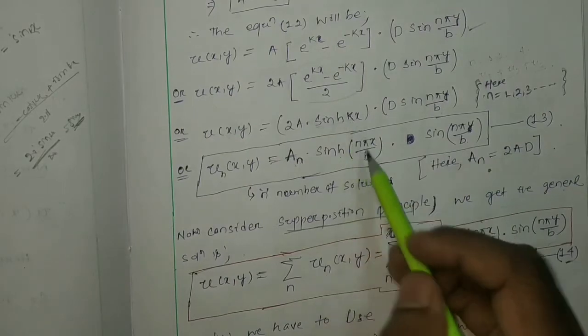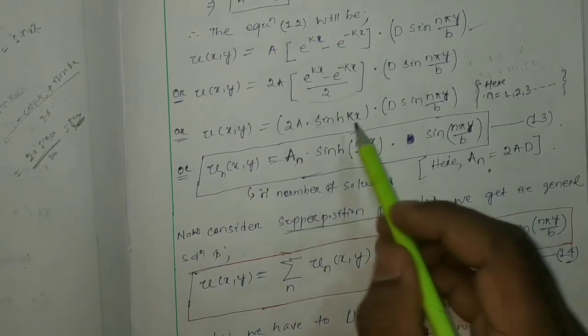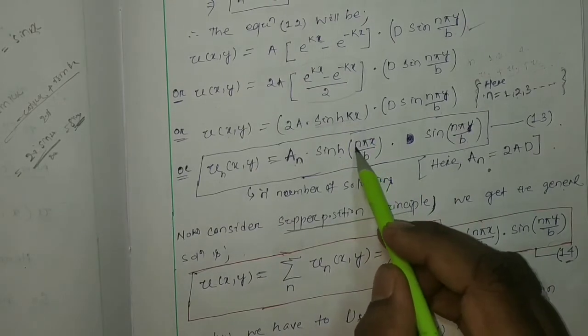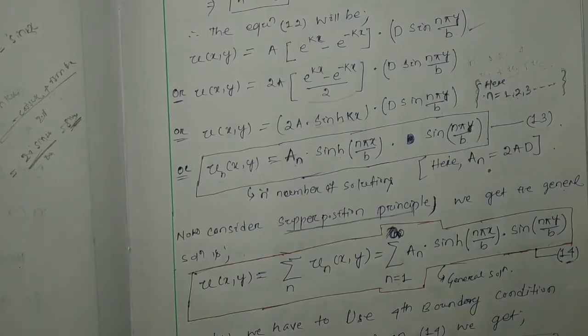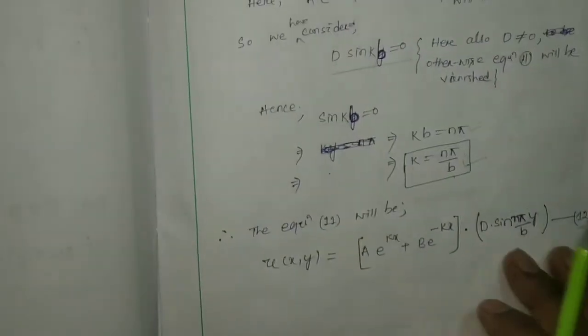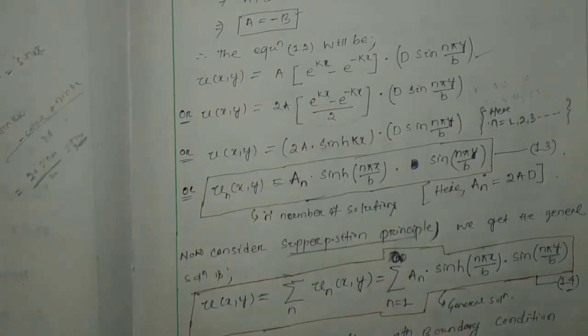Here, how did n pi by b come? You can see that instead of k we have written n pi by b. We already found the k value previously, right? This is your k value. I just substituted it here, n pi by b.